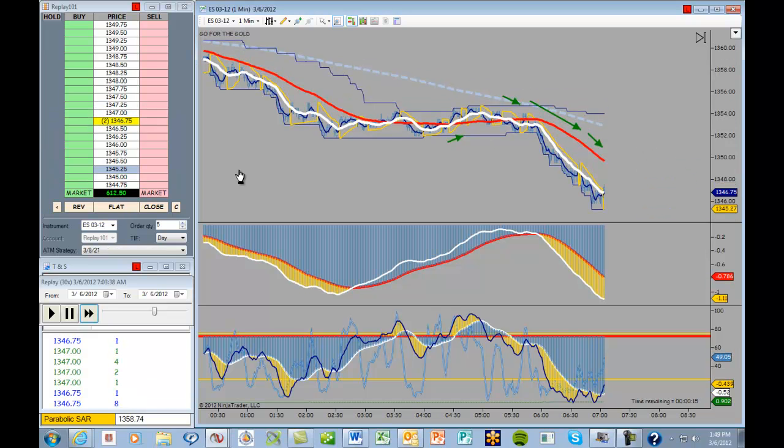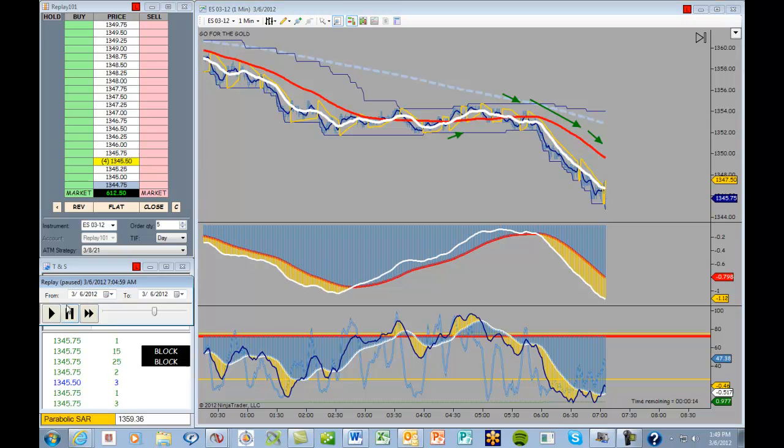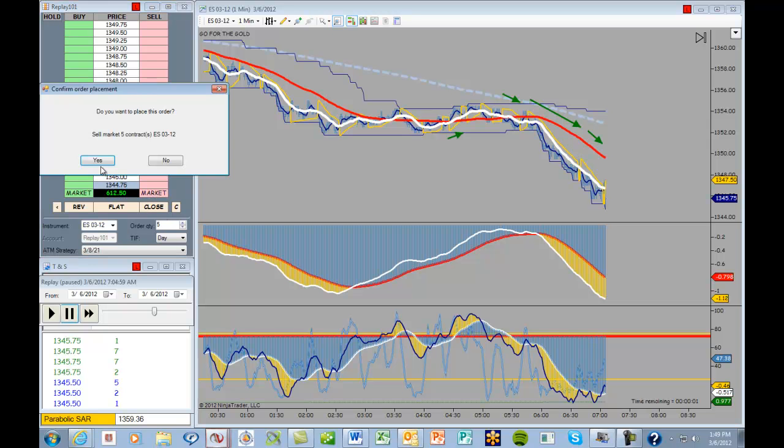Stopped out again. And again, the parabolic flips instantaneously, so we'll short it one more time.